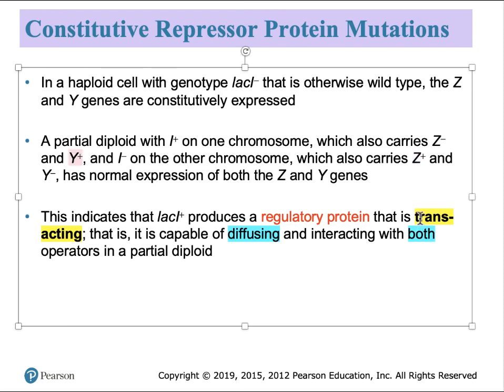So this is an indication that the regulatory protein, the repressor, is trans-acting, that it can wander and bind to any operator that's available and compatible. So there's a diffusing and interacting component to these proteins.